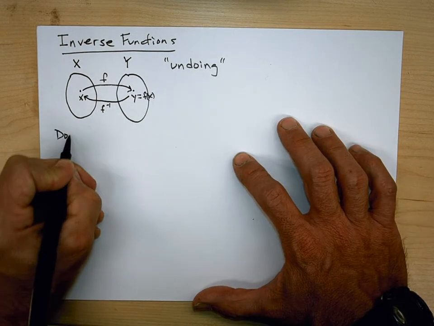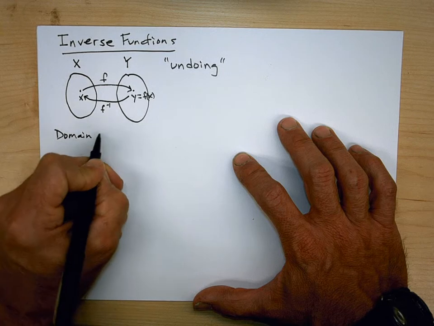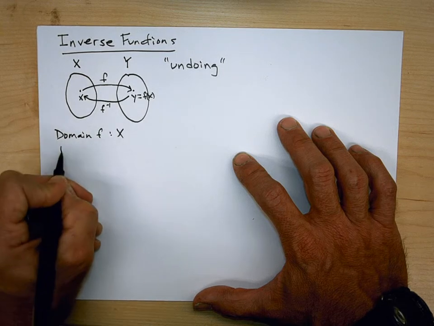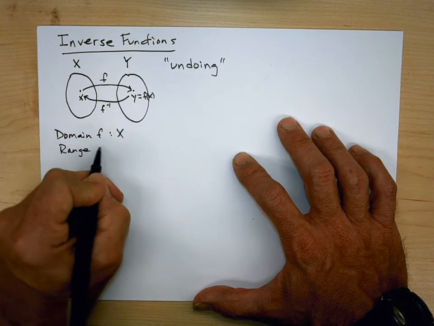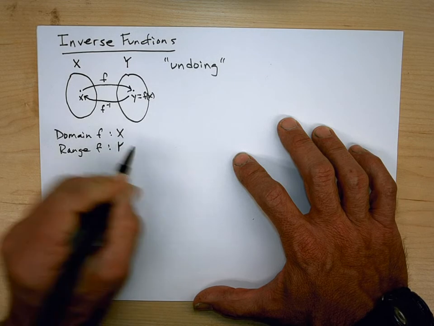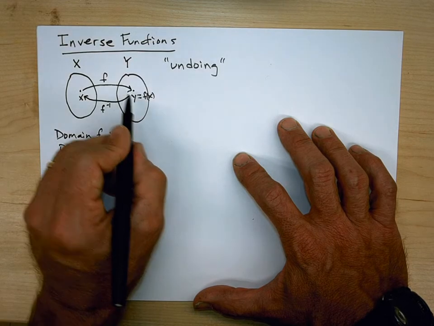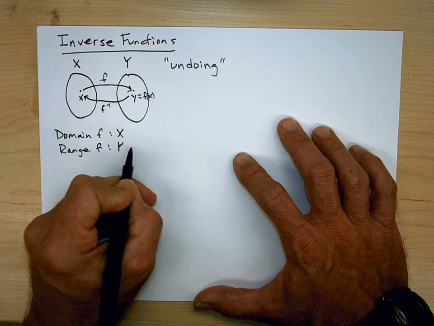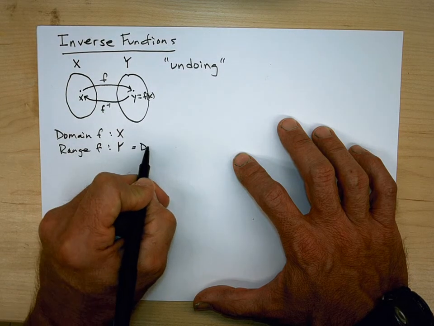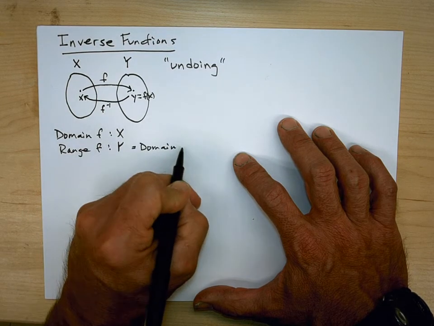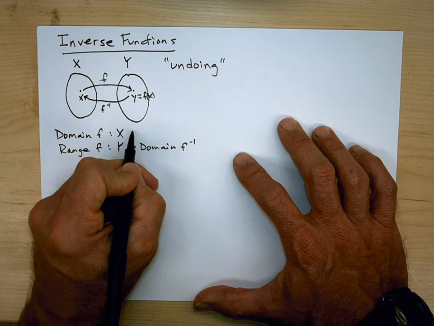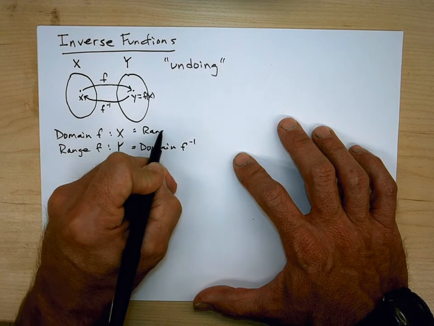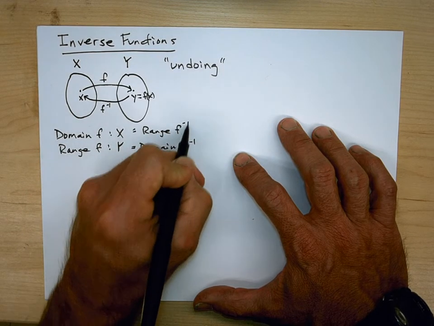Notice that the domain of f is X, and the range of f is Y. But then f inverse starts with Y, so Y is the domain of f inverse, and X is the range of f inverse.